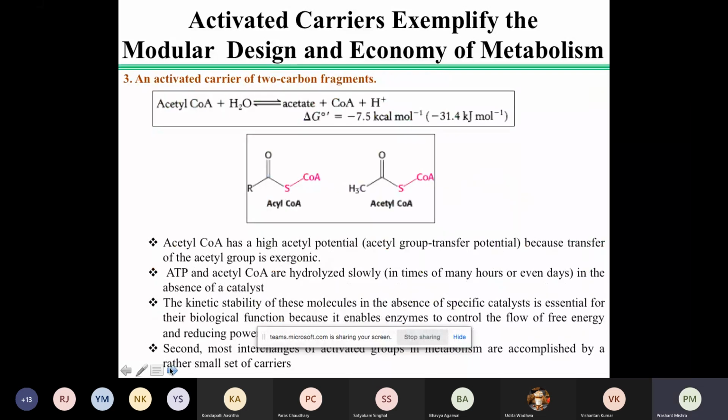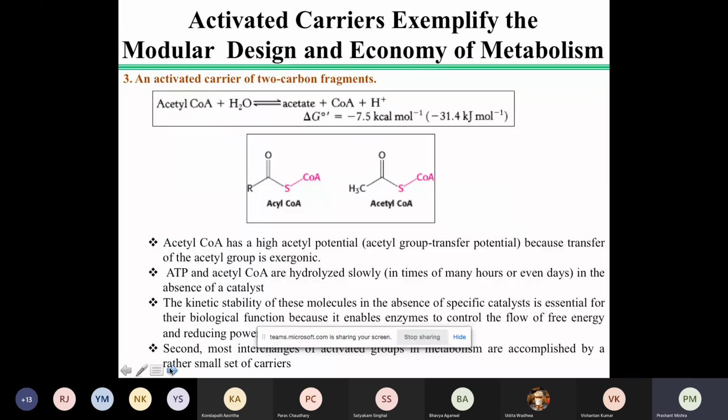Now there is another very interesting acyl group carrier, coenzyme A. Have you learned about the coenzyme? We talked about this again when we were talking about coenzymes. So this is coenzyme A. Its major job is to conjugate with the acetyl group.